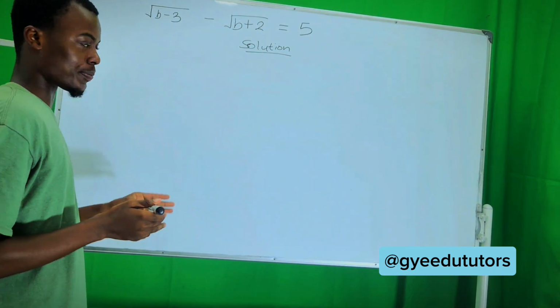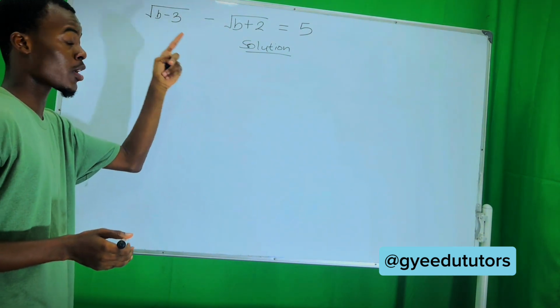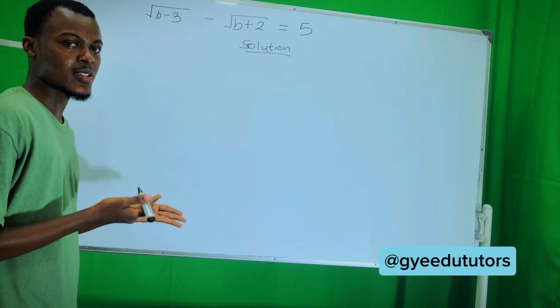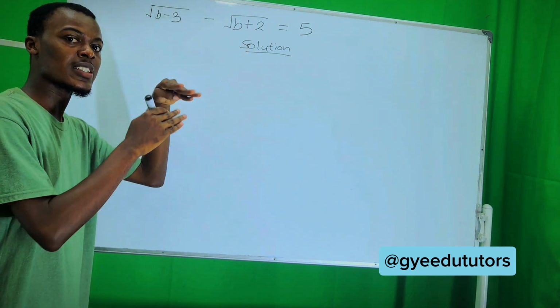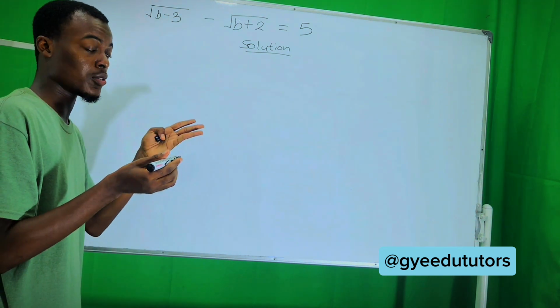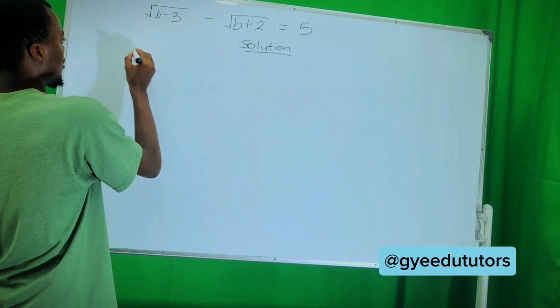So first of all, if you have a question like this, you want to square both sides to get rid of the root. But to make things easier for us, we have to place it in a position where you can easily square and cancel out each root. So we send minus root of b plus 2 to the other side.